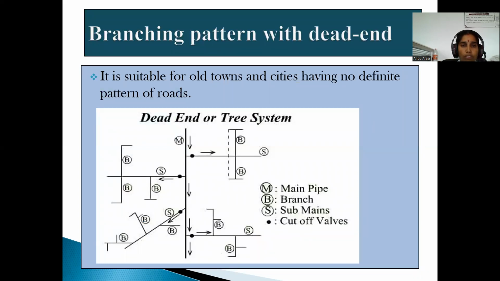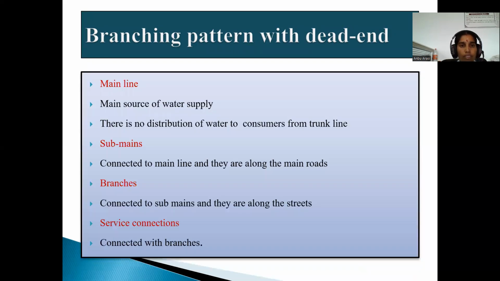The first one, the dead end system or tree system, is suitable for old countries and cities having no definite pattern of roads. In this area, we use this dead end system method.